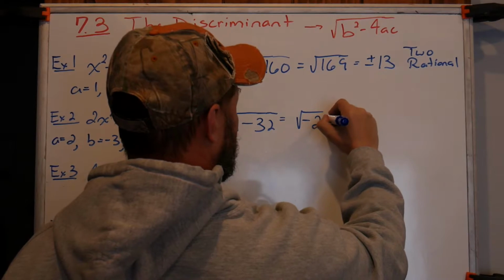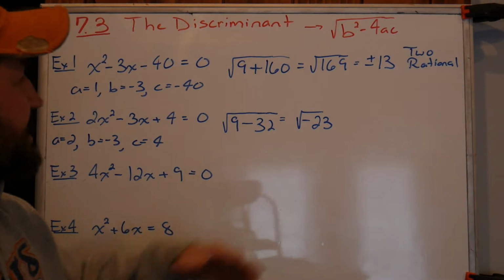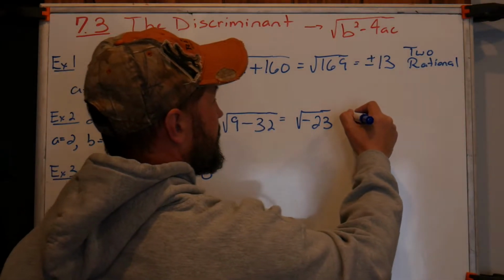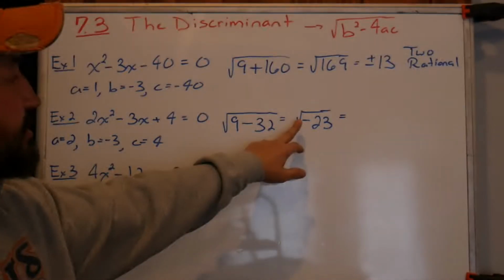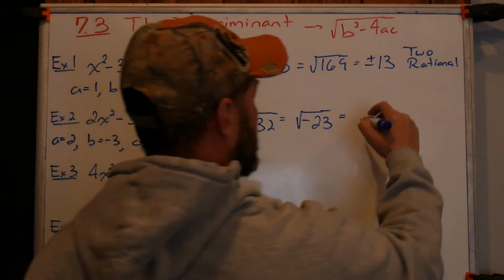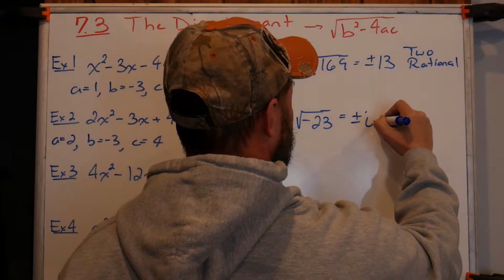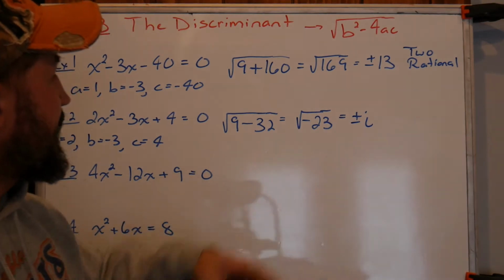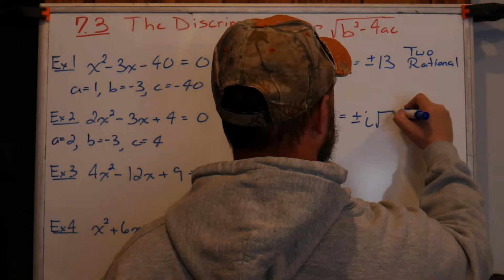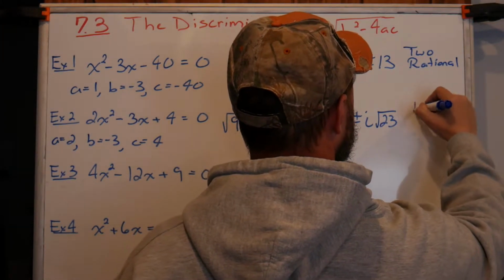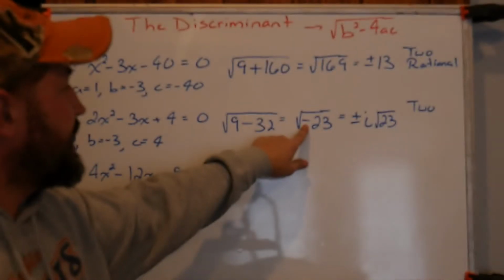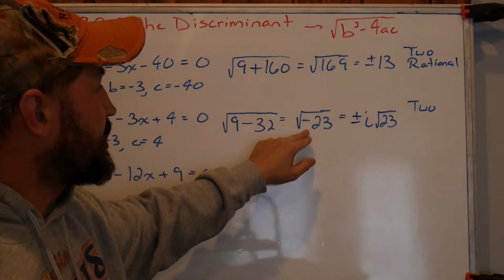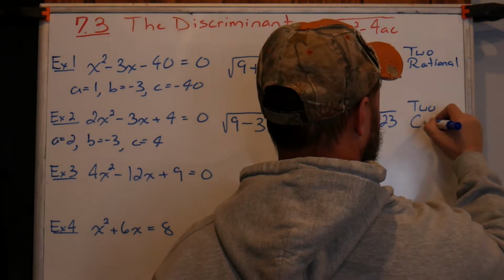So we're going to have a -23 here. We're going to have plus or minus, since it's square root, but I have to pull out an I. I need to pull out an I because I have a negative. So whenever you have a negative in the discriminant, you are going to have 2 complex solutions.